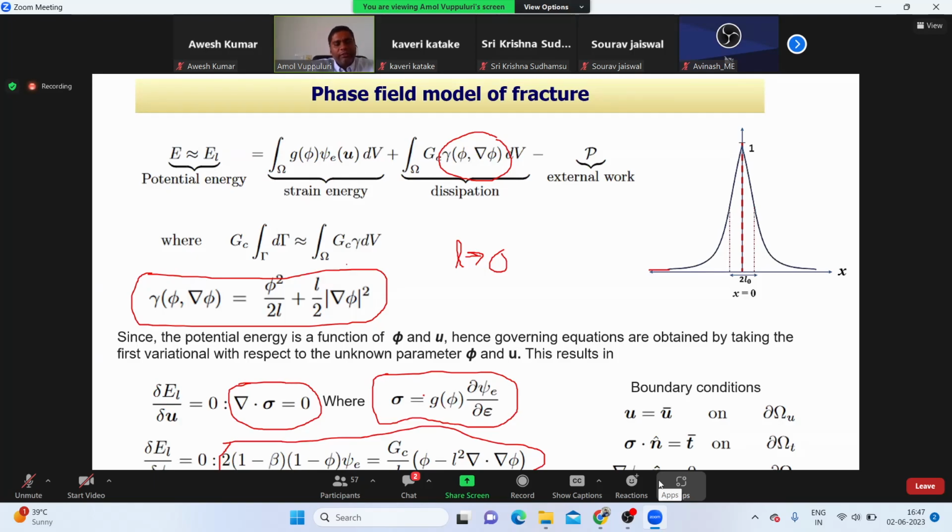When you do the variational of the potential energy, you also end up getting some boundary conditions, given on the right hand side, where u is equal to u bar, sigma dot n is equal to the traction t bar, and grad phi dot n is equal to 0. So you get a set of governing equations and boundary conditions. Once you have these, you can solve them in a finite element setting and see how the crack propagation is taken care of.